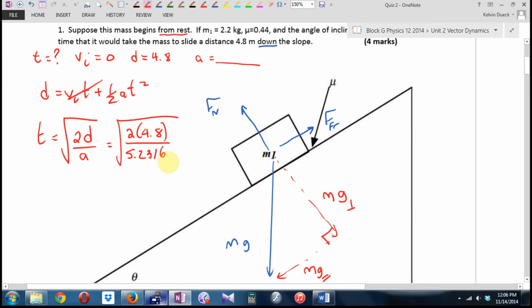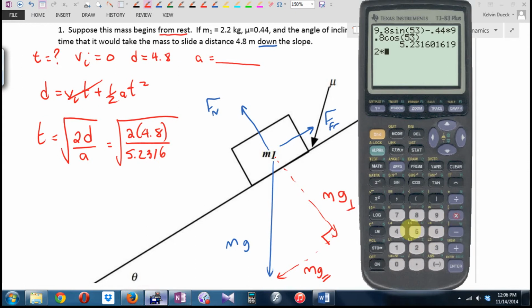So do I make the acceleration negative or positive? What if I was slowing down? What would I have to add? Here's where I'd have to add a negative, but I'm good. So it's going to be 2 times 4.8 divided by answer button. Square root, Mr. Dueck. 1.35, is that right? Yeah.